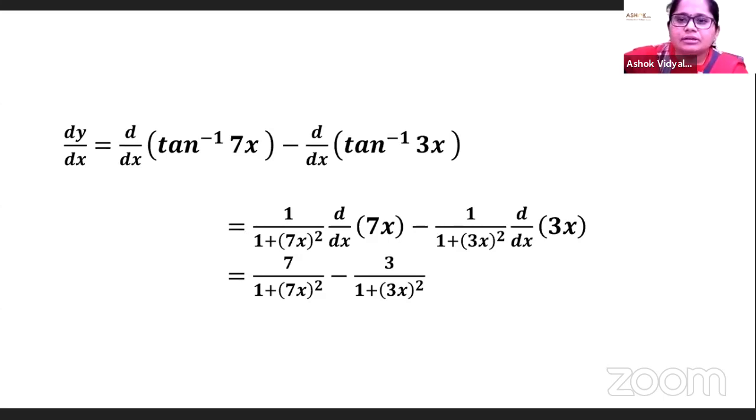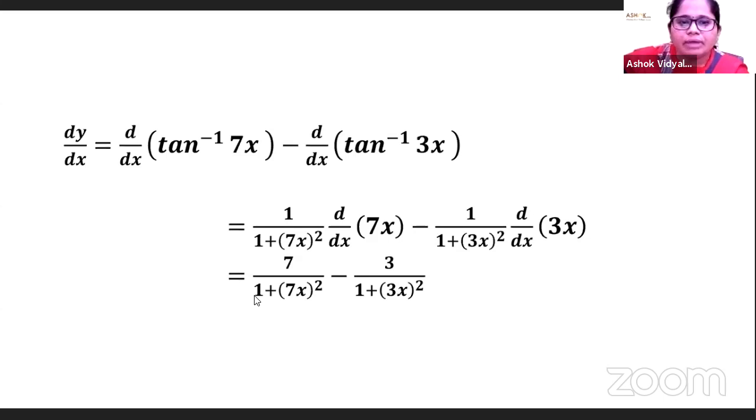Hence, we just use the formula for tan inverse x here: 1 upon 1 plus 7x square into the derivative of 7x with respect to x, minus 1 upon 1 plus 3x square into the derivative of 3x, because again this is the chain rule.